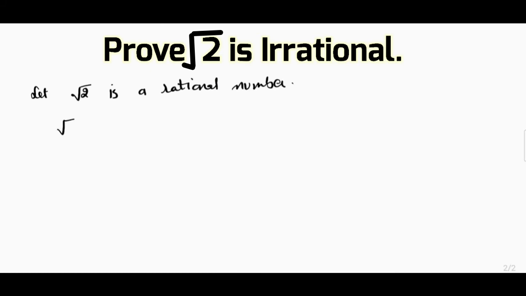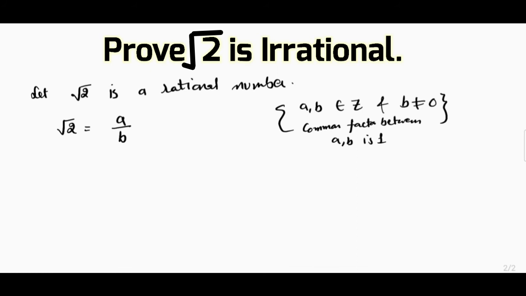We know we can write a rational number as a upon b form, where a and b belong to integers and b is not equal to 0, and the common factor between a and b is 1.